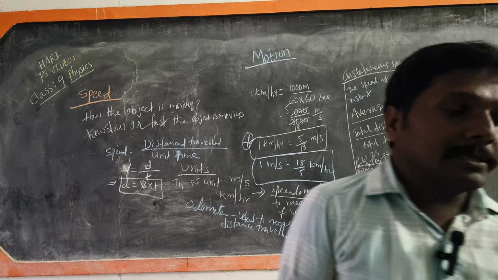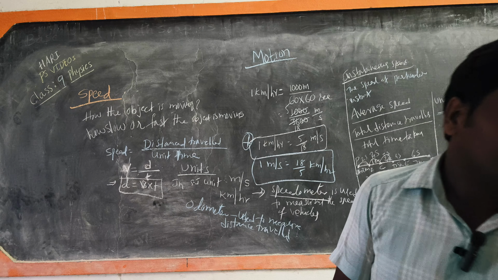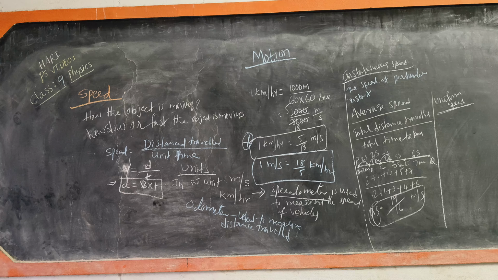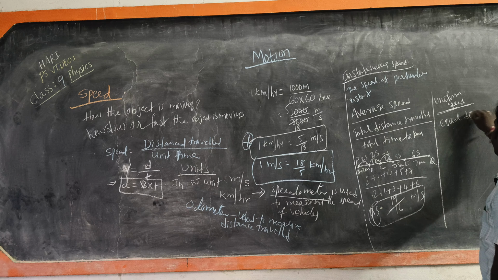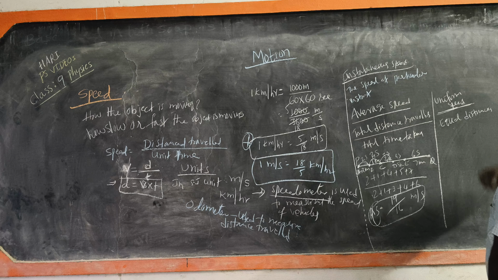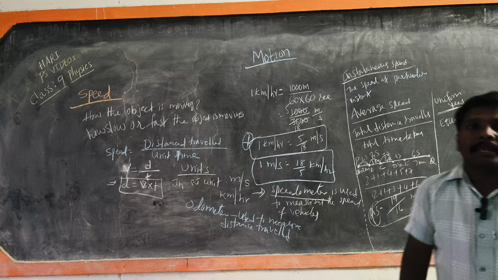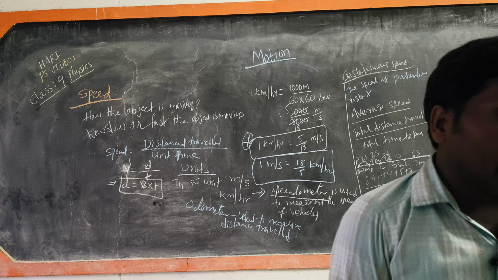A body has a uniform speed if it travels equal distances in equal intervals of time.